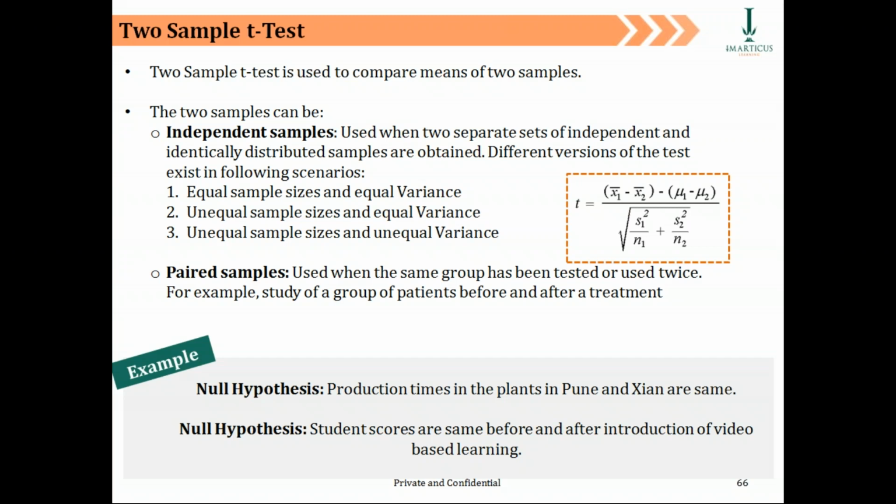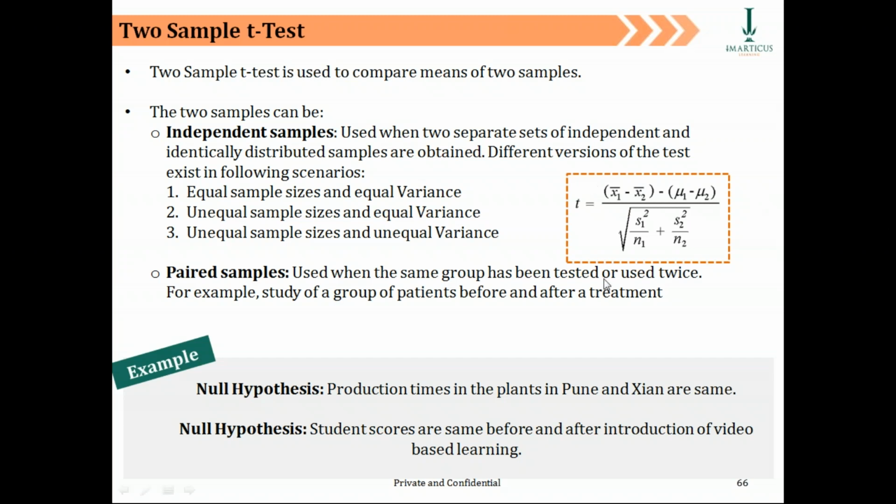This formula that is mentioned, is it applicable to all the scenarios? For independent samples, it is given as 3 scenarios: equal sample sizes and equal variance, unequal sample sizes and equal variance, and unequal sample sizes and unequal variance. Different versions of the test exist in these scenarios.